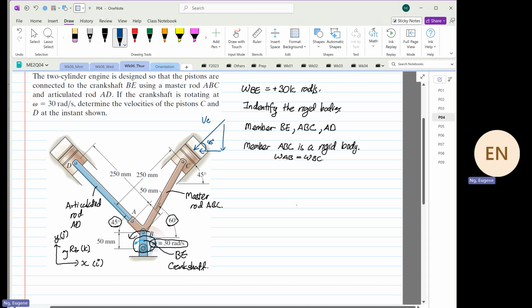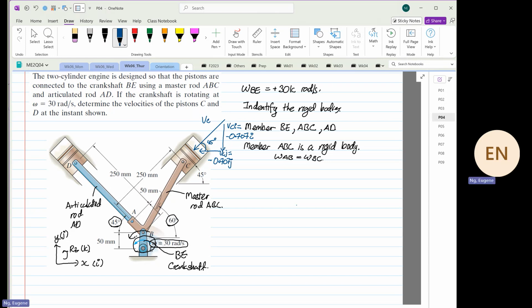So we have minus 0.707 I and minus 0.707 J. So this is our VCI, this is our VCJ, because cos 45 is equal to 0.707.